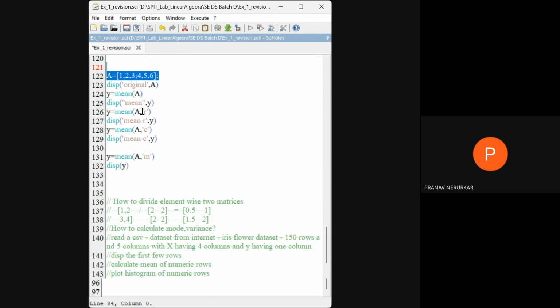If you don't give any value, then it will calculate for row. But you can specify by saying apostrophe R in single quotes. If you want column wise mean, you specify in single quotes C.